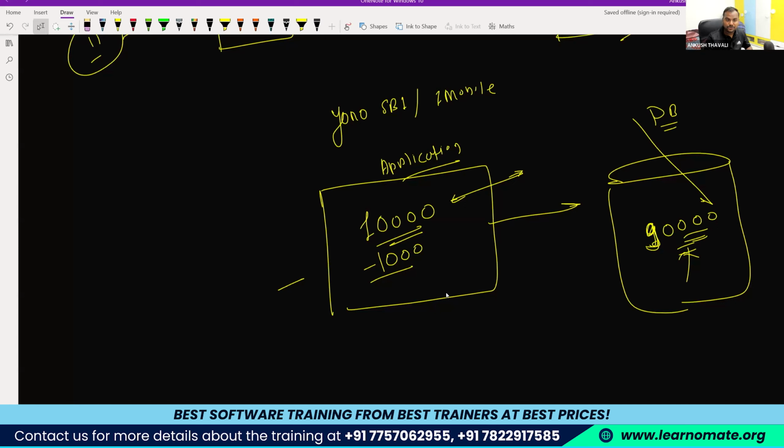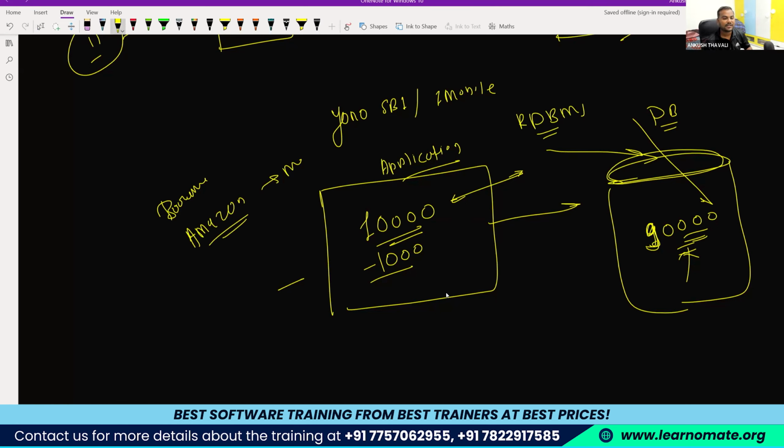Whenever you do a credit, a withdrawal, or book a movie on BookMyShow, or purchase a mobile on Amazon, you do transactions. All those transactions will be recorded in the database, and those databases are RDBMS, relational databases.